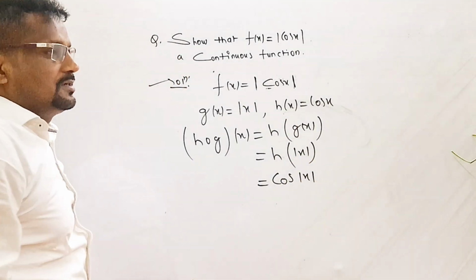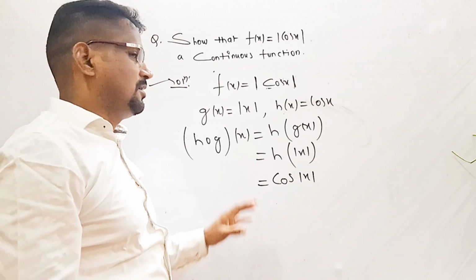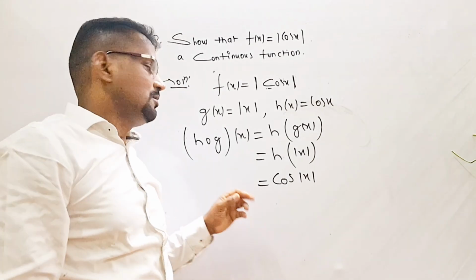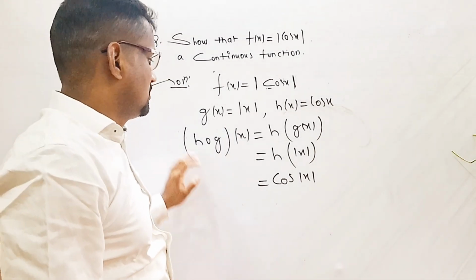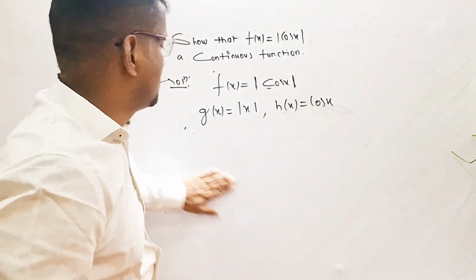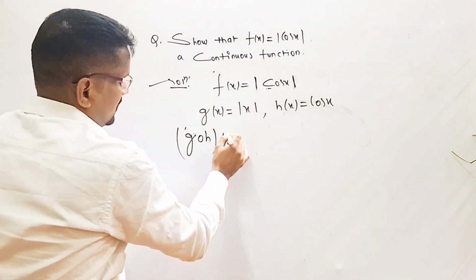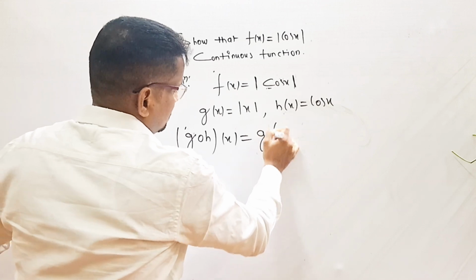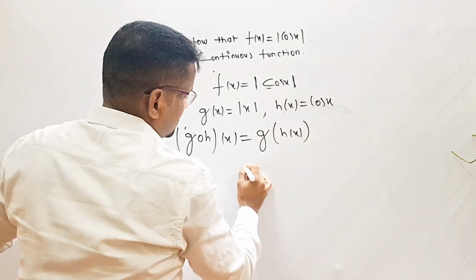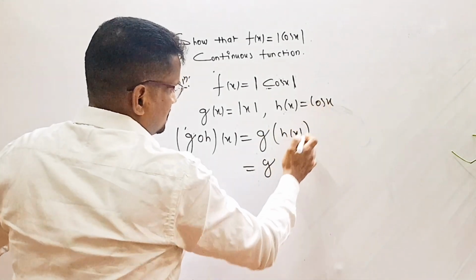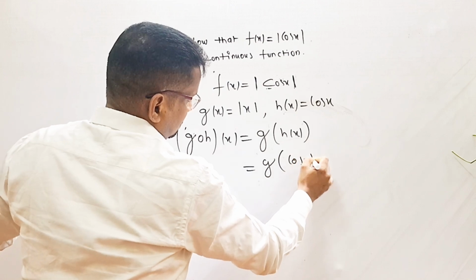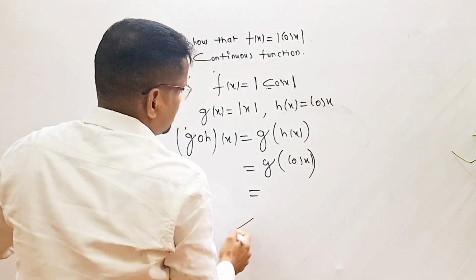You may face this situation where this is not coming out, then you take the other one, that will be g∘h. So now simply (g∘h)(x) equals g of h(x), g of cos x.